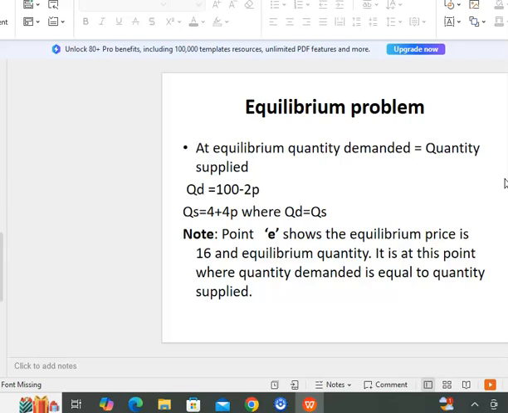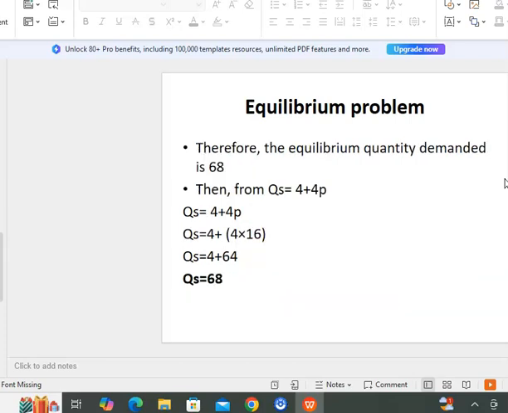So when you solve these two equations, quantity demanded equals 100 - 2P, and the quantity supplied equals 4 + 4P, I understand you know how to identify the supply equation and the demand equation.